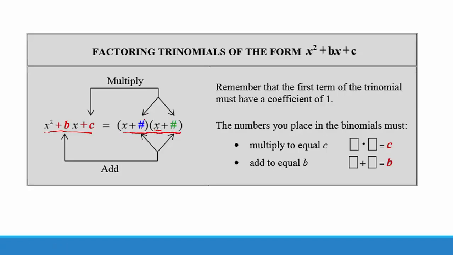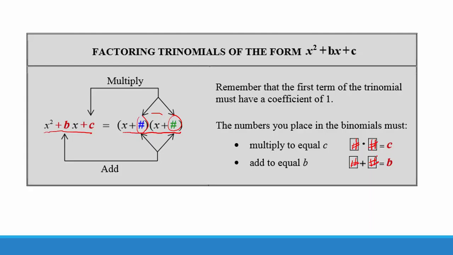In order to figure out what these two numbers are going to be, we will use this number riddle. What two numbers multiply to give me c, but those same two numbers add to give me b?